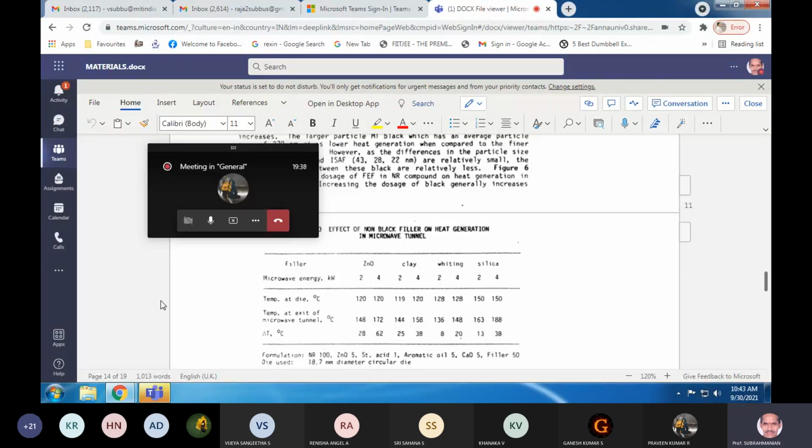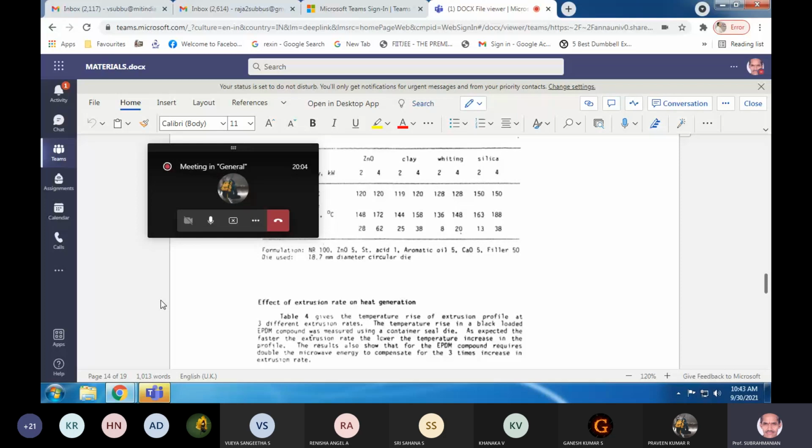Whiting as a filler, so that is how we save the compound cost. Whiting, clay, we save the compound cost, control the price, make the rubber product cost effective. All right.